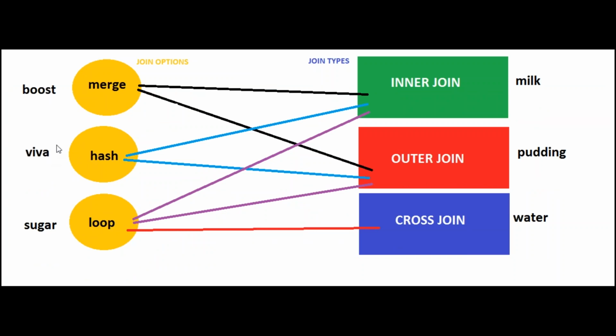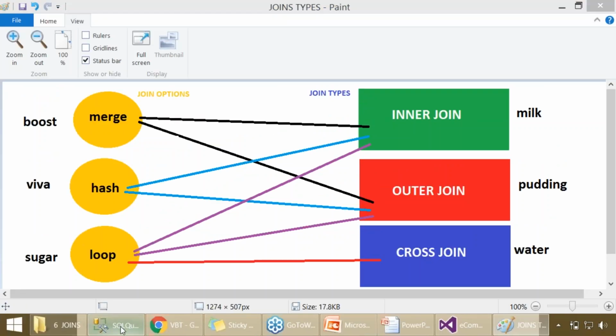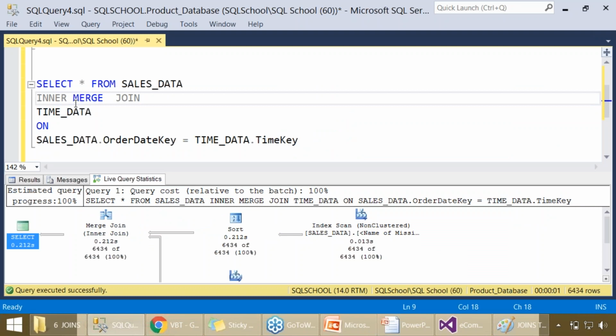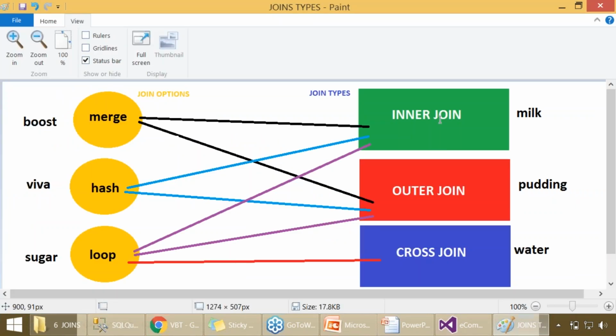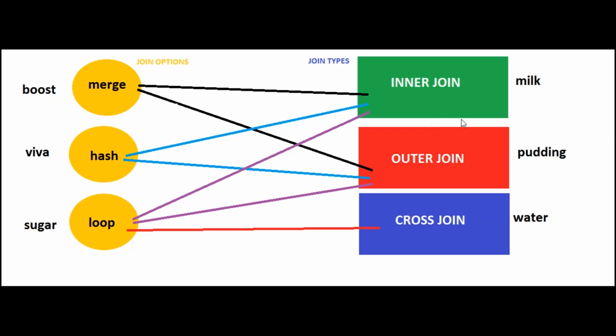Whenever you say merge, it makes your join faster. Drinking milk with Boost gives more energy, more energy for the query. It can run faster. Same way, merge with any join: inner merge join, left outer merge join or right outer merge join. Any type of join we can use with merge. So you are mixing merge into join, something like mixing Boost into your milk, making it faster.